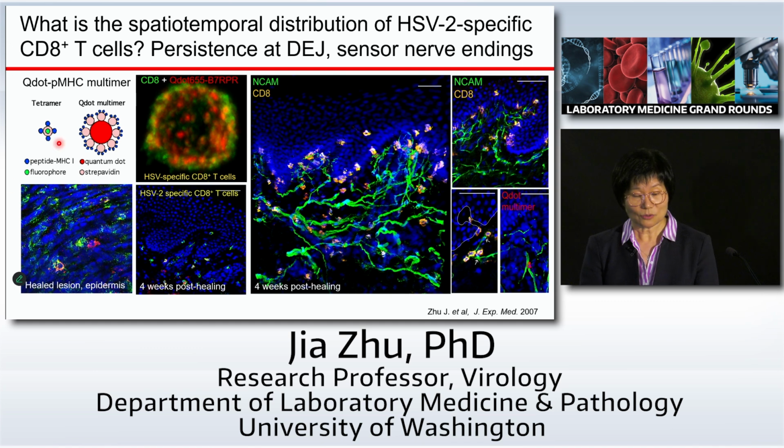But instead of doing tetramer staining, we developed quantum dots nanoparticle conjugated peptide MHC multimers to overcome this high fluorescence background in human skin, and also to increase the photostability during this prolonged confocal imaging.